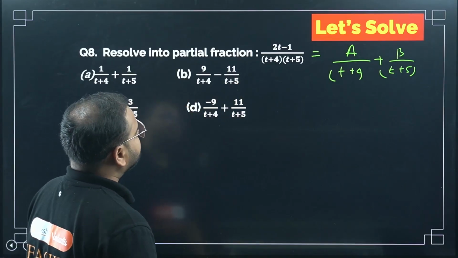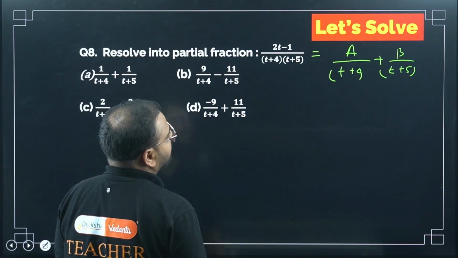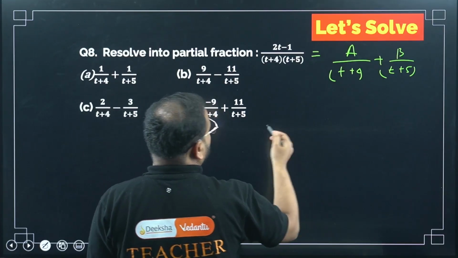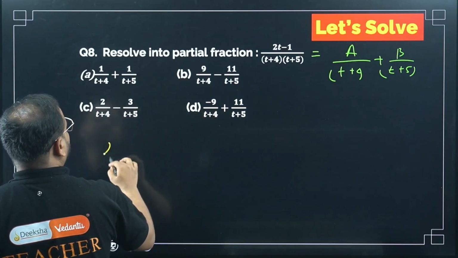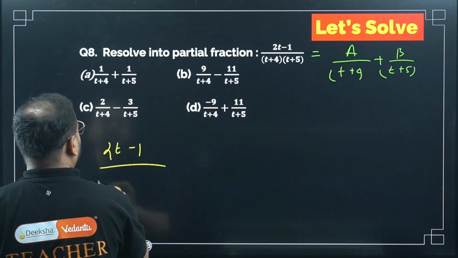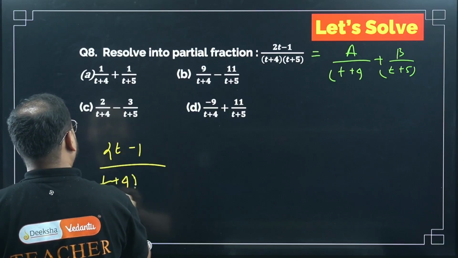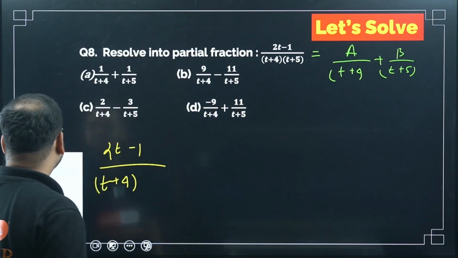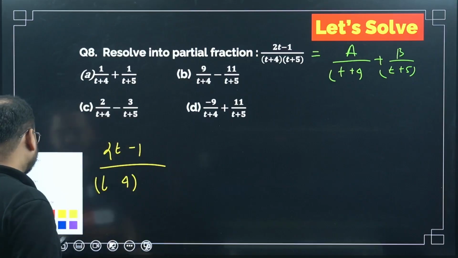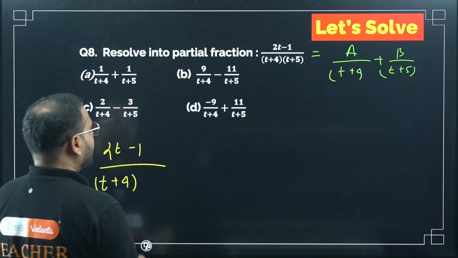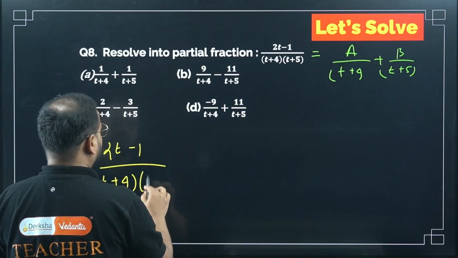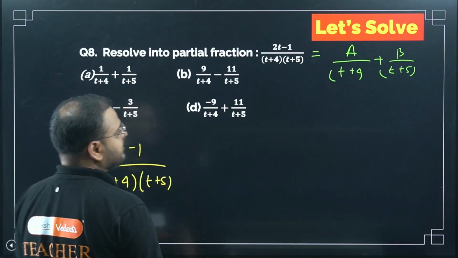Let's check what will be the case. If I do that, what am I going to get? Please check. I'll get 2t minus 1 over t plus 4. More than a concept, partial fraction is actually a tool which is used to solve multiple questions. T plus 4 times t plus 5 is given by what, bacha?